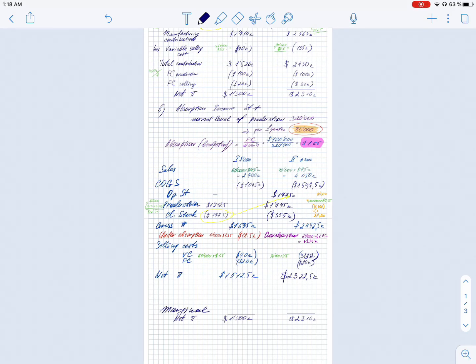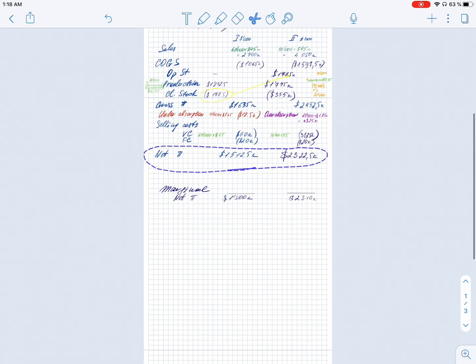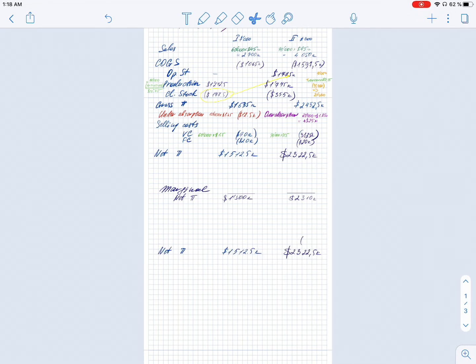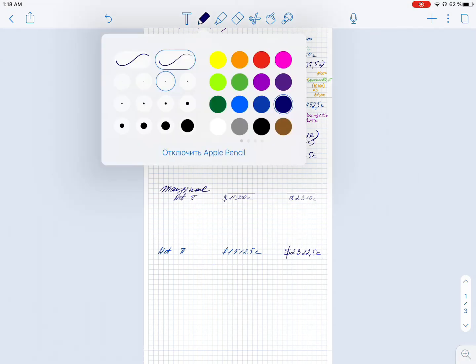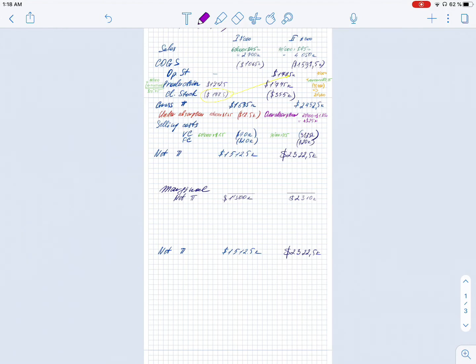Then I have to copy profit under absorption costing and place it here. And I will state that we use absorption. I'll change color. Absorption of full costing. And now we have to explain why profits differ.